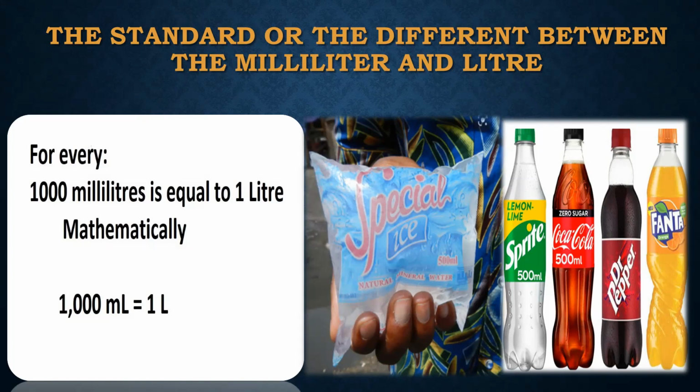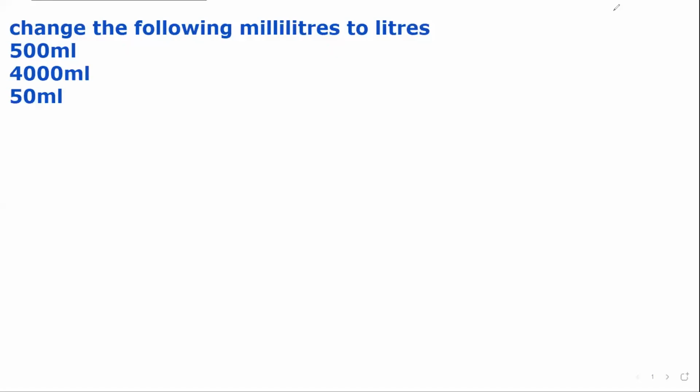So let's quickly solve one or two examples on how to change from milliliters to liters and how to change from liters to milliliters. For example, change the following milliliters to liters.